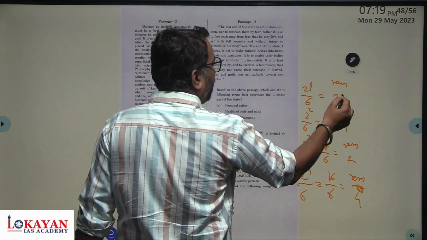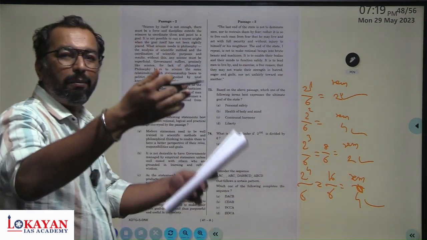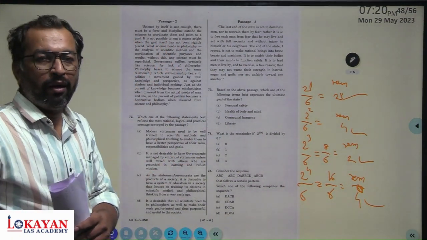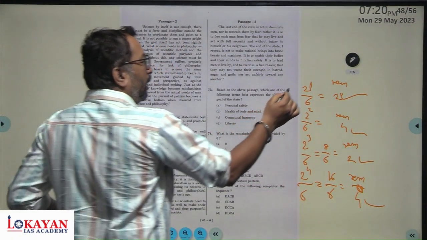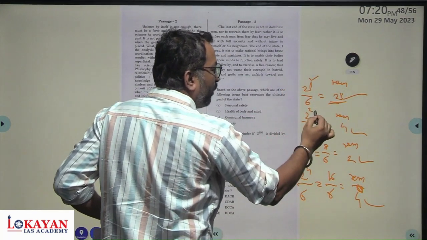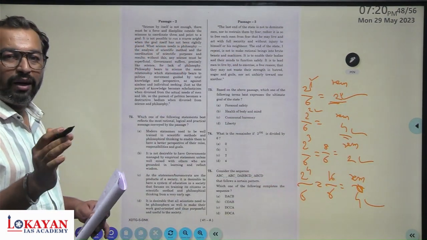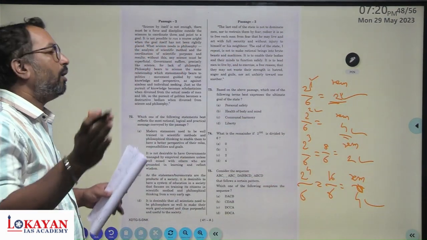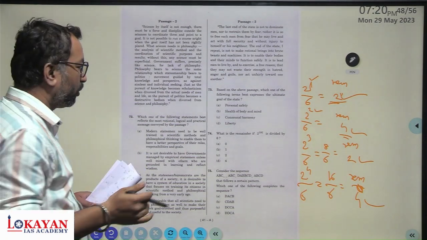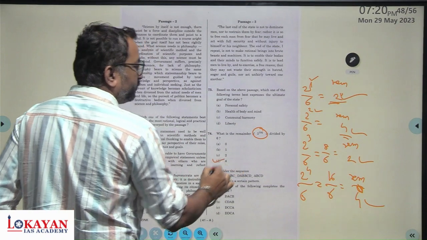So look at the remainders: 2 4 2 4, that will keep on repeating. If the power is odd the remainder is 2, if the power is even the remainder is 4. Here the power is even, so the remainder will be 4.